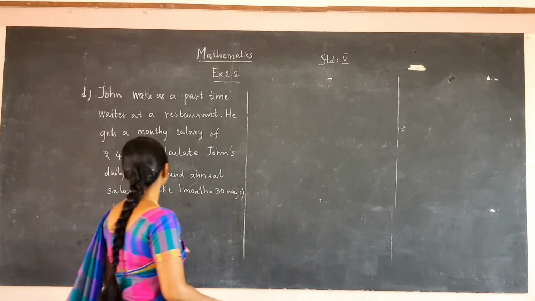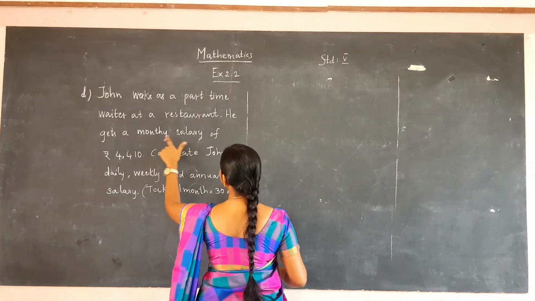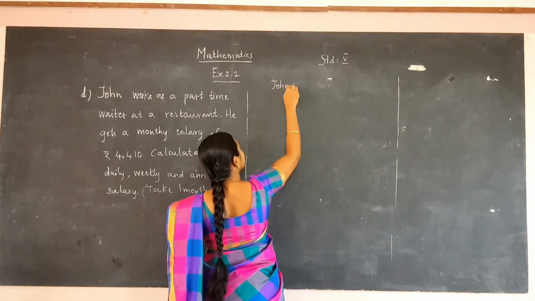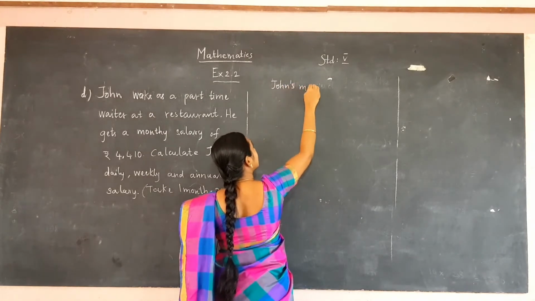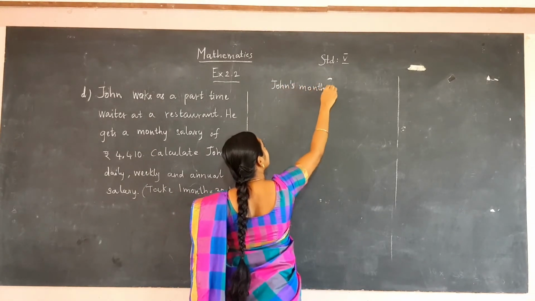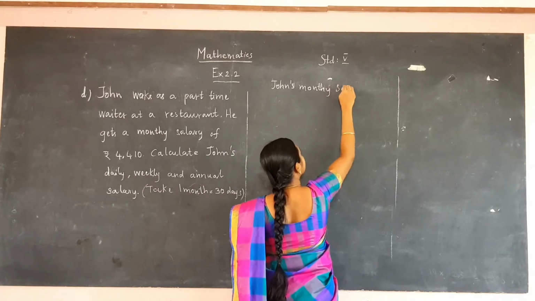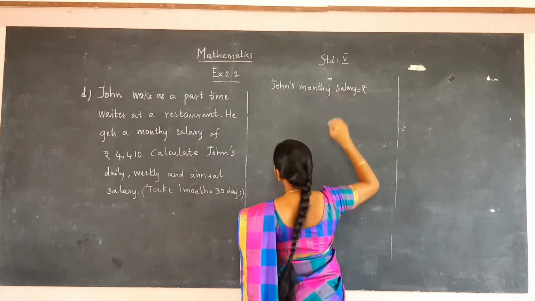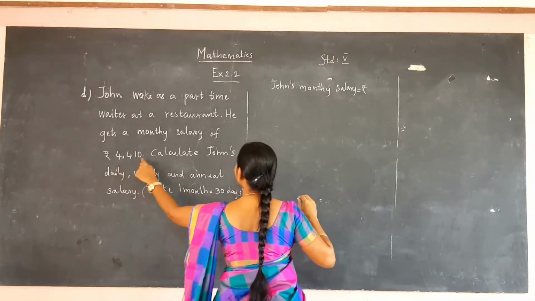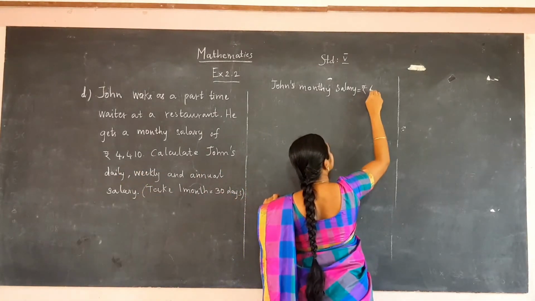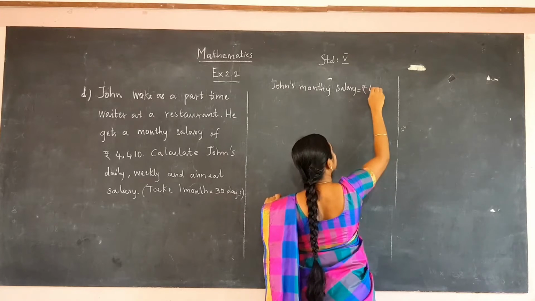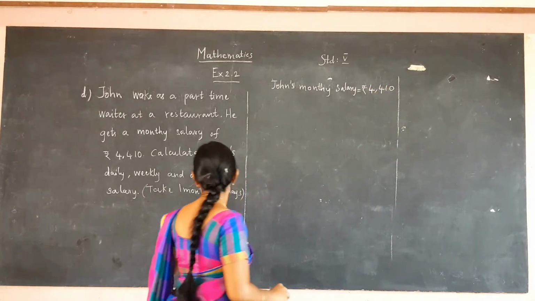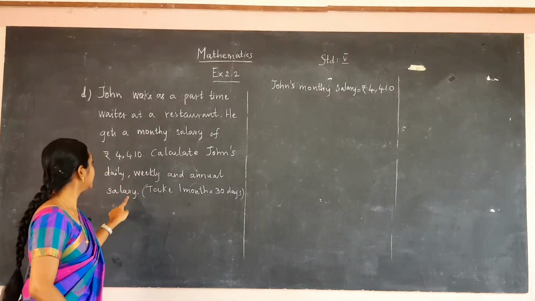Now what is given? John's monthly salary. That is rupees 4,410. We have to find daily, weekly and annual salary.